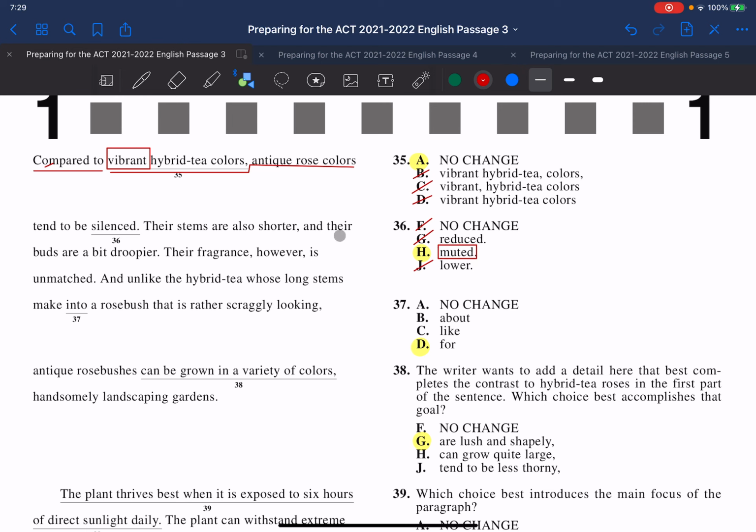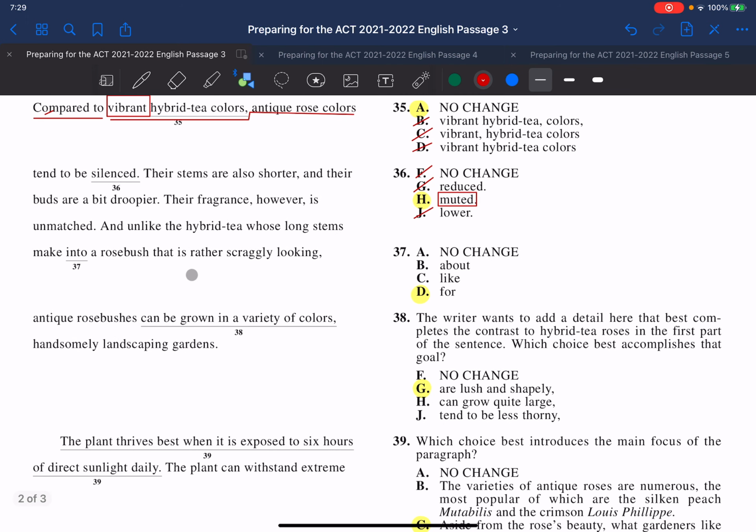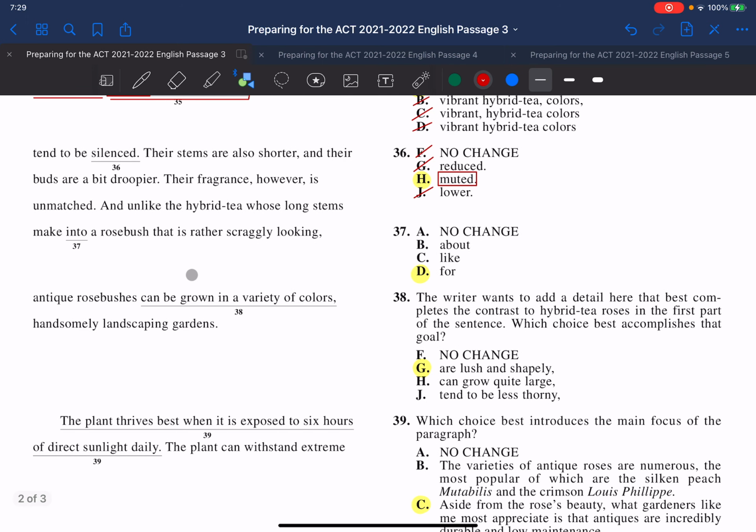Their stems are also shorter, and their buds are a bit droopier. Their fragrance, however, is unmatched, and unlike the hybrid tea, whose long stems make for a rose bush that is rather scraggly looking. So we've got 37.